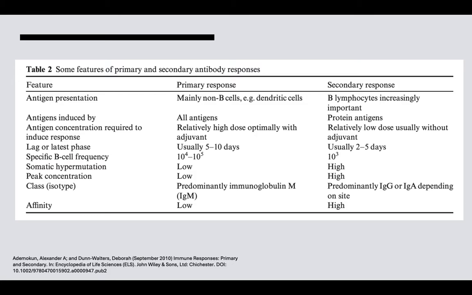So, for the primary response and secondary response, antigen presentation is quite different. In primary response, mainly antigen-presenting cells are non-lymphocytes. Dominant is the dendritic cell. It's the primary antigen-presenting cell for the primary response. While for secondary response, B lymphocytes are increasingly important for antigen presentation, unlike in primary response.